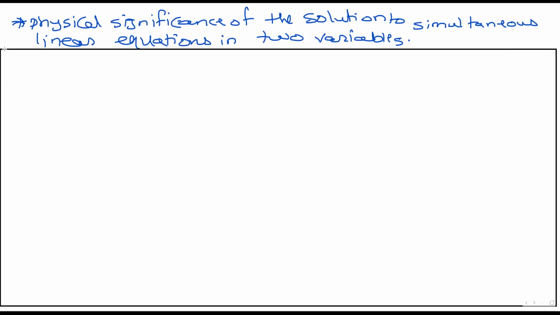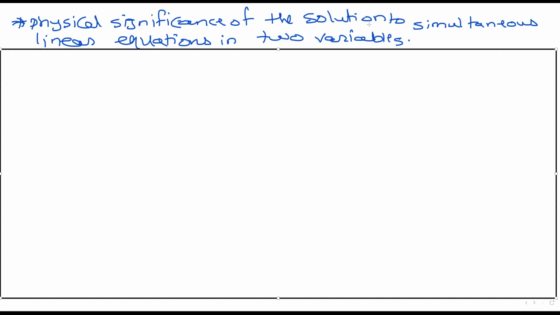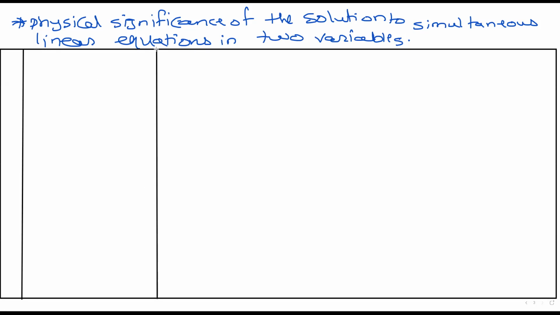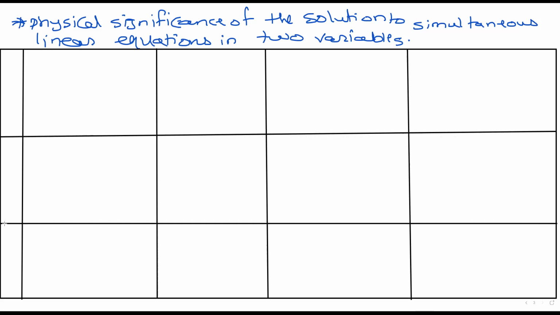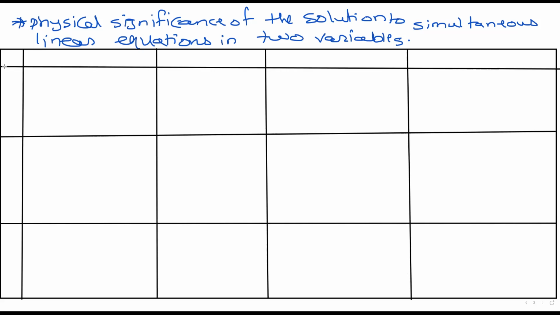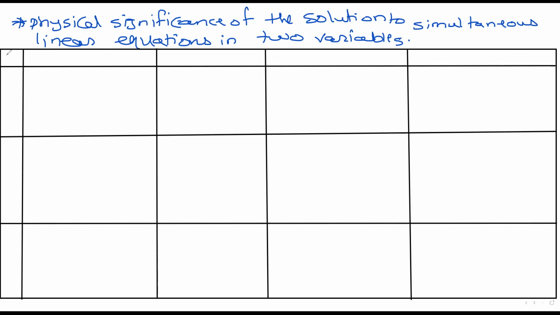Just pay attention and then you can write down. So I'll make a table here. This is the serial number, then I will write down the equations, the criteria, the physical significance, and the diagram also. I'll make three parts here because we have three types of solutions. So first of all, we have serial numbers 1, 2, 3.